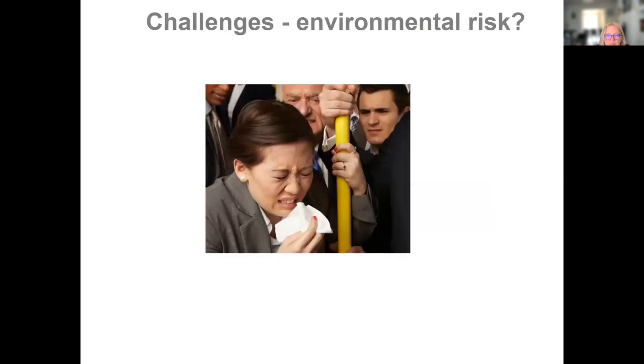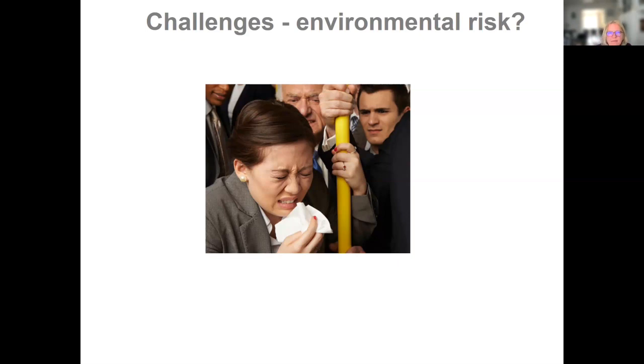The other challenge we are facing is, what are the risks of environmental exposure to gene therapy agents? By this I mean, if you imagine a situation where you're treating a patient with cystic fibrosis, for example, through an aerosol, and then a few hours after gene therapy the patient goes home on the bus and sneezes, how much viral vector is released into the environment, and what is the environmental risk?